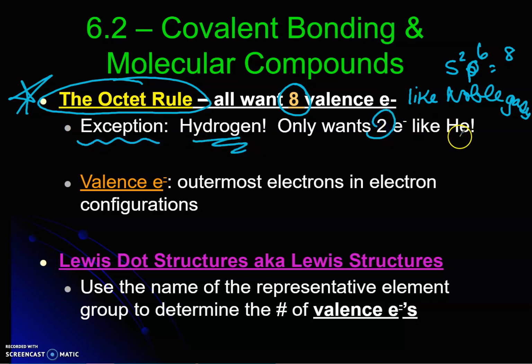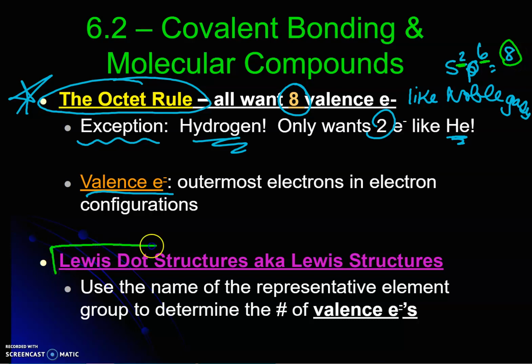Hydrogen only wants 2 because its closest noble gas is going to be helium. All right, so valence electrons are those outermost electrons in your electron configuration. So these valence electrons here are really just that outer s and that outer p adding up to 8.